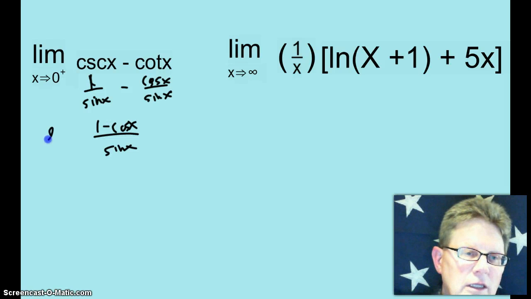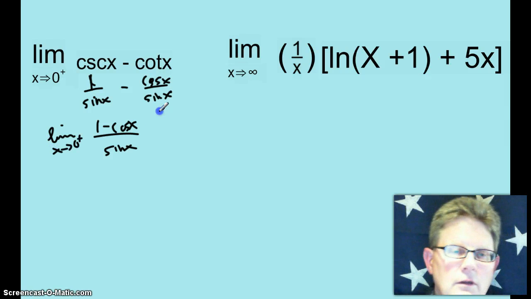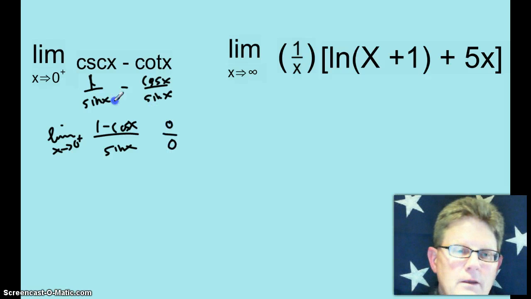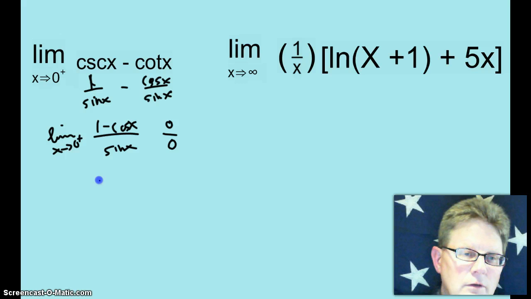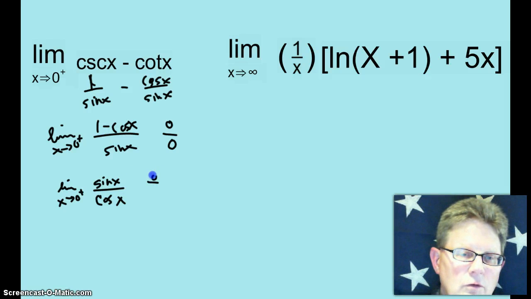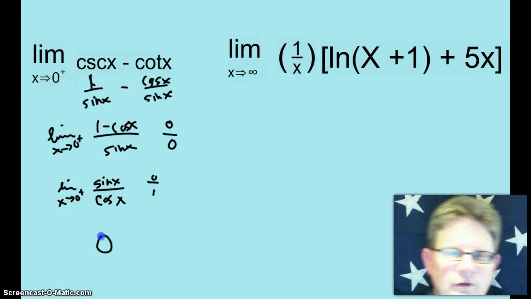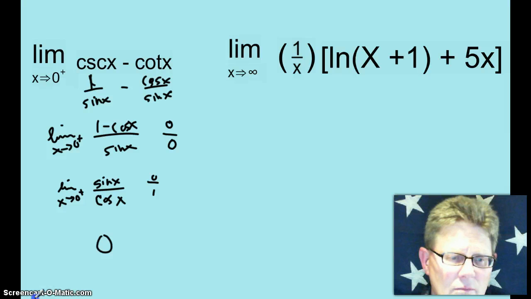And when we find the limit as x approaches 0 from the right, we get 1 minus 1 over 0, 0 over 0. Take the derivative. Sine x over cosine x. The limit as x approaches 0 from the right, that would be 0 over 1. That limit is 0.